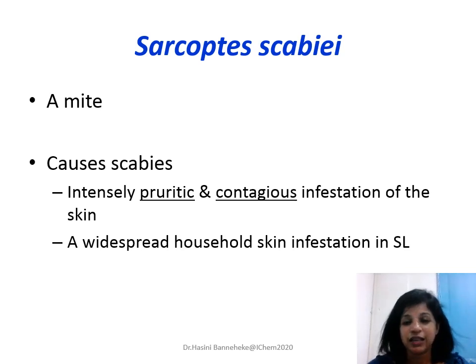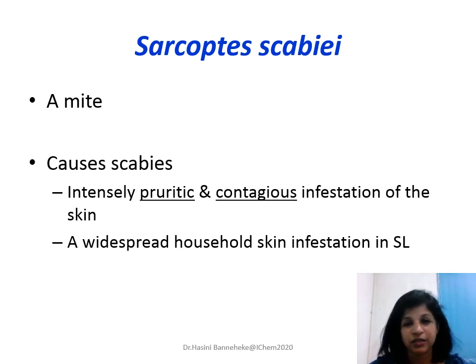So this scabies, the main feature is intensely pruritic. That means people feel like scratching a lot. It's quite itchy, and it can transmit from one person to another easily. It is close contacts, continuous contact or long-term contact can transmit the scabies mite to another person.